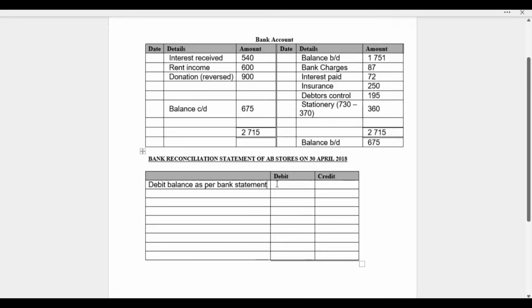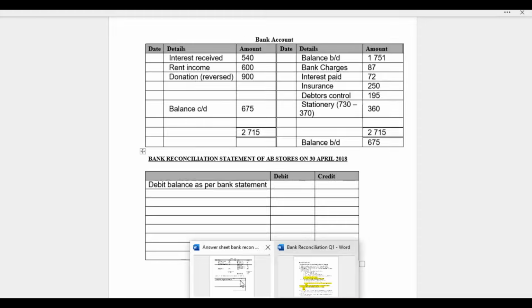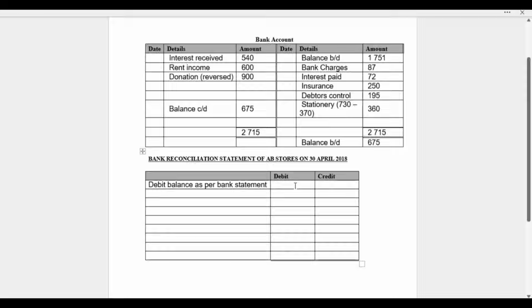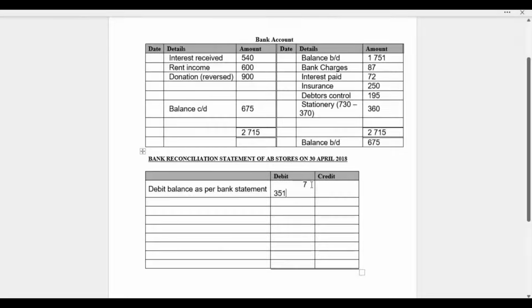Balance as per bank statement, and as much as you said debit, it means that balance should be debited. How much was it there? It was 7,351. You come this side and say it's 7,351.